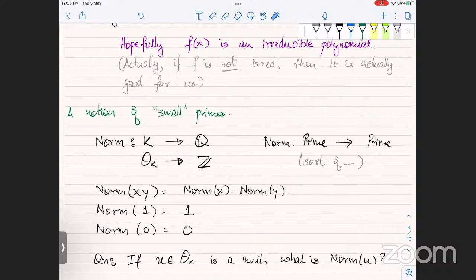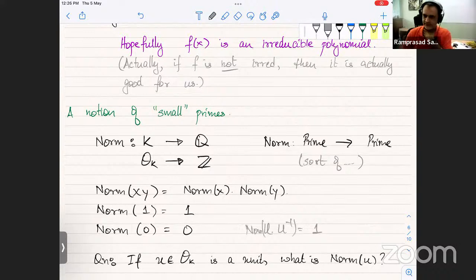Basically, if u is a unit, then its inverse also will be a unit. So the norm of 1 is the norm of u times the norm of u inverse.